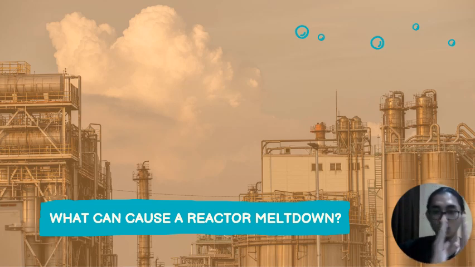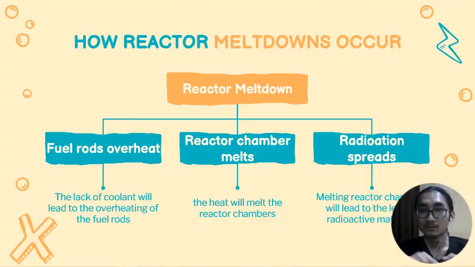If it were to overheat, because the reactor keeps on giving out energy as heat, it will melt down the reactor chamber, which could cause it to leak radioactive material. This is what happened in Three Mile Island, Fukushima, and Chernobyl.